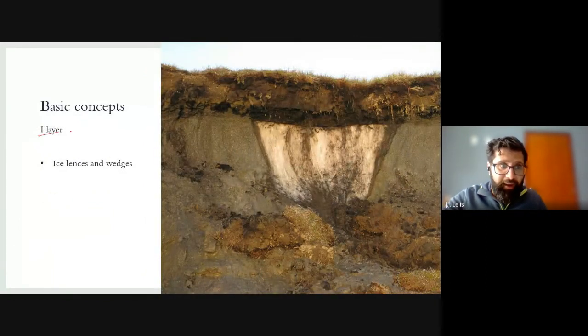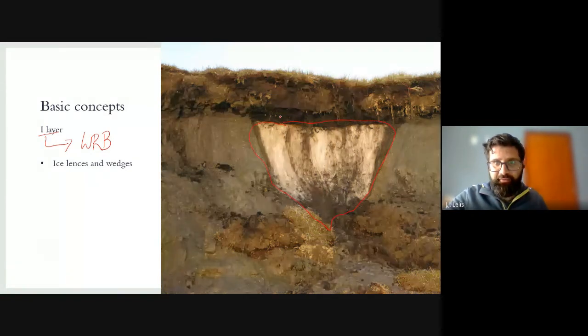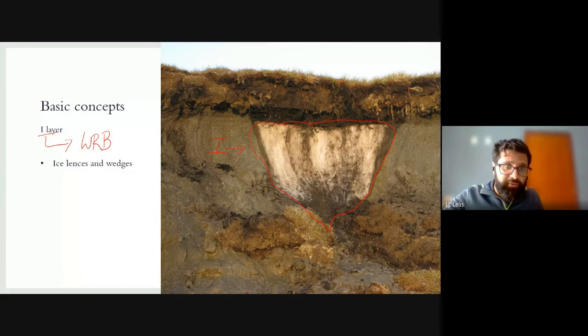The I layer just exists in the WRB, the World Reference Base, for solid ice in the subsurface. This is the I layer, but only in the WRB. In soil taxonomy, we call it the WF layer, okay?